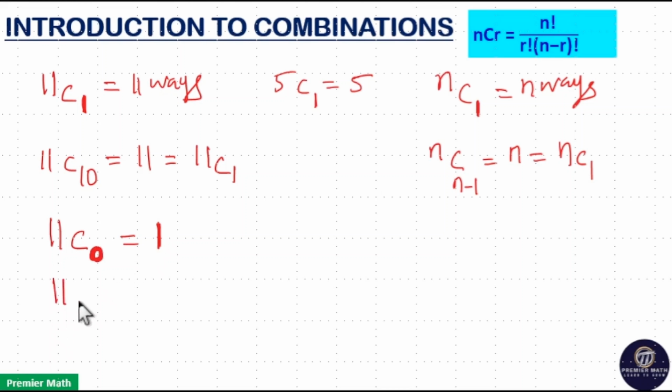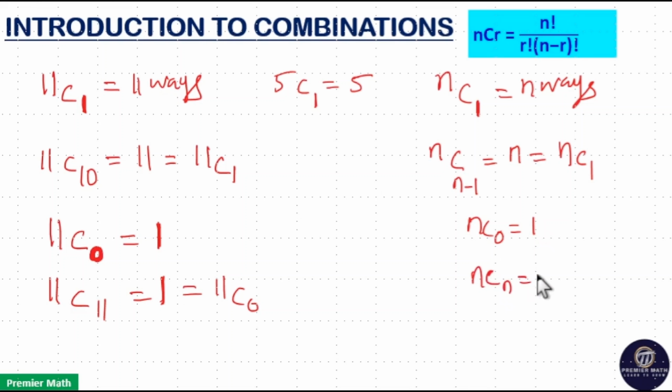Now, if you like all 11 out of these 11 mobiles, then there is one way, that you like all of these 11. So selecting all is equal to 1. So 11C11 is equal to 11C0, since 11 minus 11 is 0. That is, nC0 is 1 and nCn is equal to 1, which is equal to nC0.